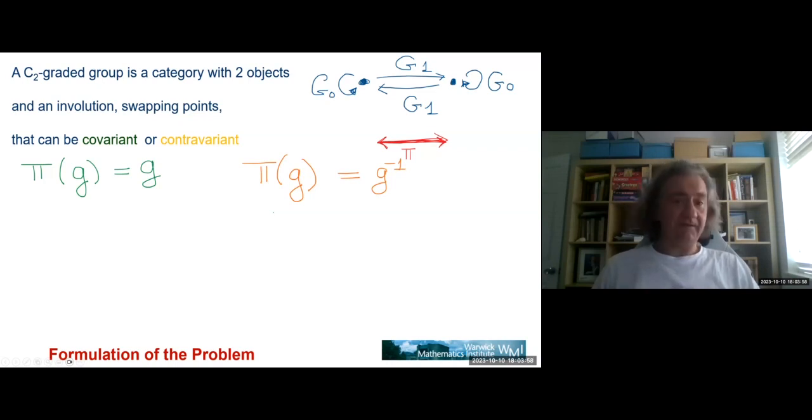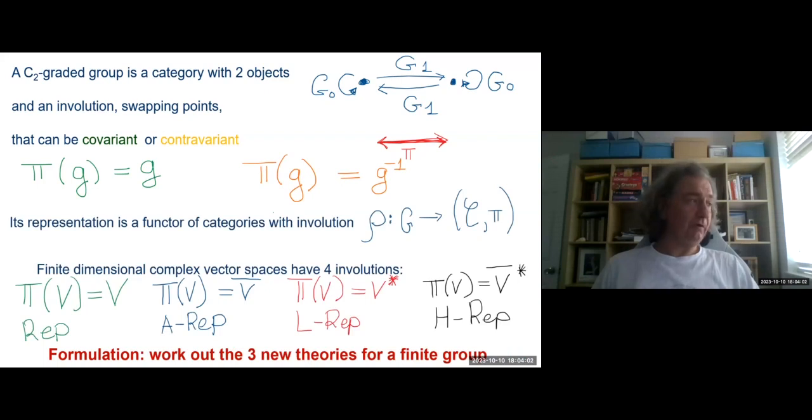Now, to consider its representation, we need to look at functors of categories with involution to another category with involution. And if we consider finite dimensional vector spaces over complex numbers, then this category has four involutions around.